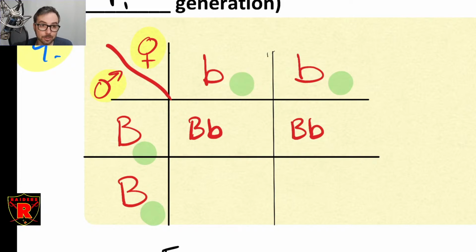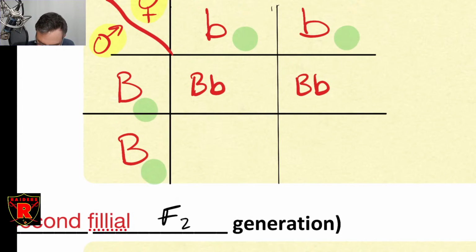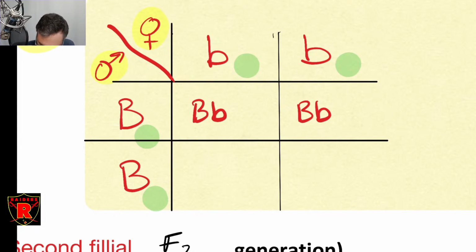So I personally always write the dominant and then the recessive. The textbook does that too, and I highly recommend you do it as well. But it's not a rule. Nobody's going to look at that in university and say, oh, that's not how you write that. But I highly recommend it. It will help you keep everything straight. And then we've got a big B, little b, and a big B, little b.